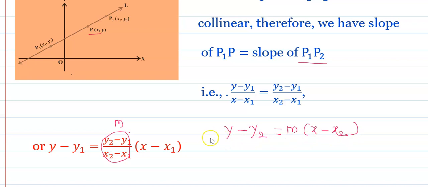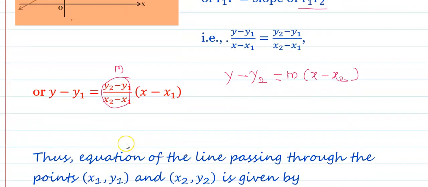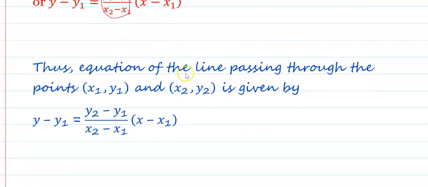The line can pass through x2, y2, or you can take x1, y1. First find the slope of the line. Thus the equation of the line passing through the points x1, y1 and x2, y2 is given by y minus y1 is equal to (y2 minus y1) upon (x2 minus x1) into (x minus x1).